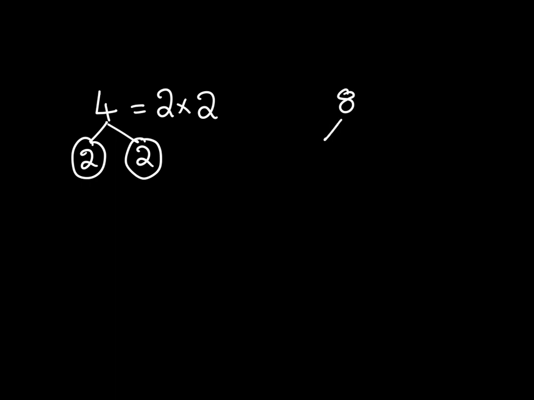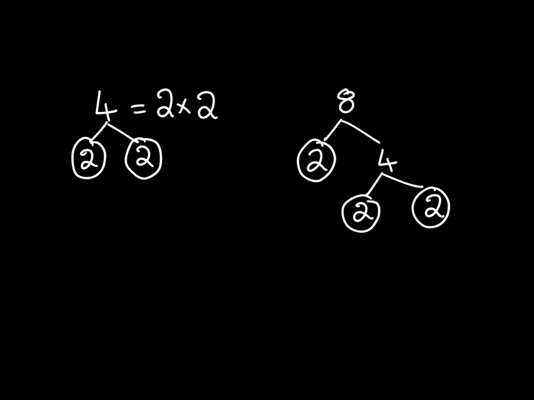Can I write 8 as 2 times 4? In this, 2 is a prime number, but 4 is not. But can I write 4 as 2 times 2? So 8 can be written as a product of primes: 2 times 2 times 2.